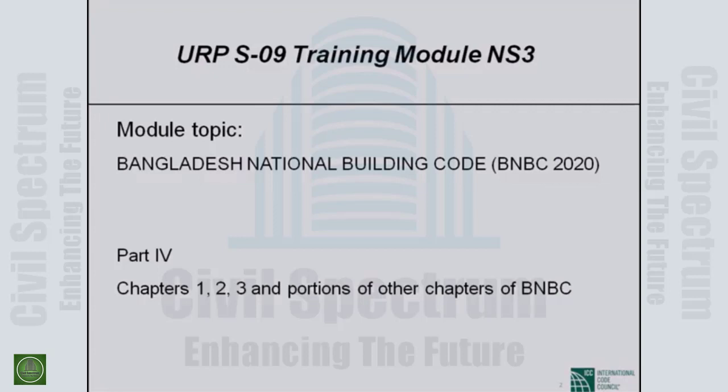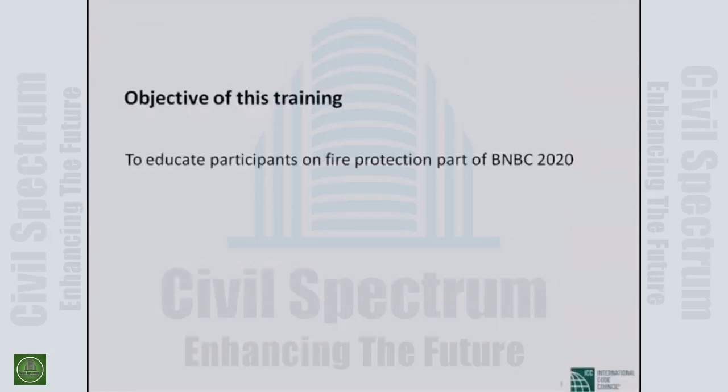Today I shall talk only about chapters 1, 2, 3 and some part of the appendix. Next day I will talk about the other chapters of part 4. The objective of this training is to educate participants on the fire protection part of the Bangladesh National Building Code 2020.